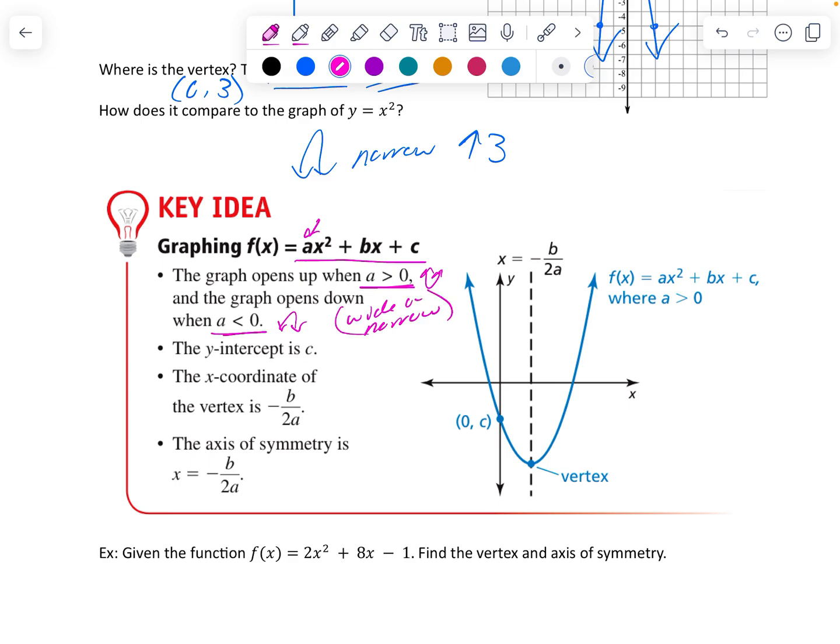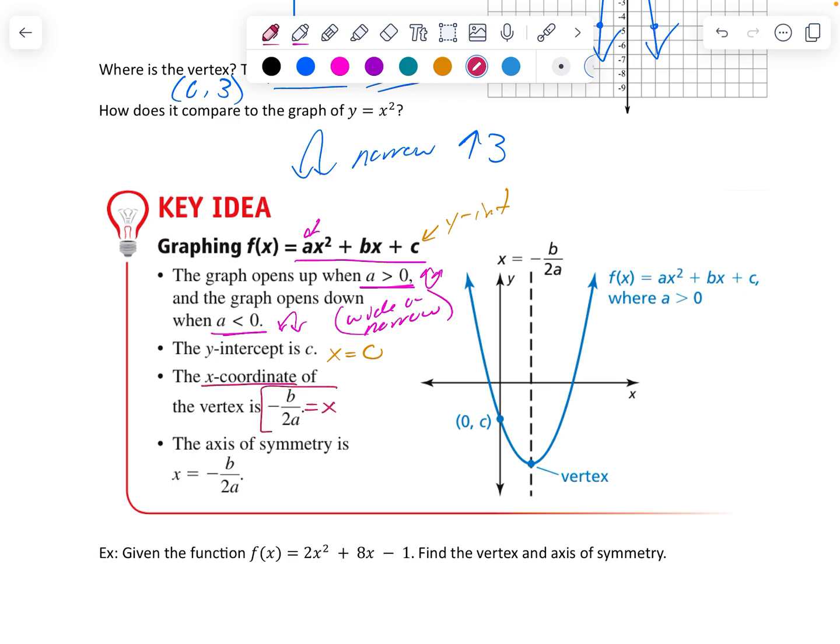Now, we were just talking about the fact that C is going to be your y-intercept, because the y-intercept is when x equals 0, and if x is 0, everything will be 0 except for that C. We learned this before. The x-coordinate of the vertex is -b over 2a.